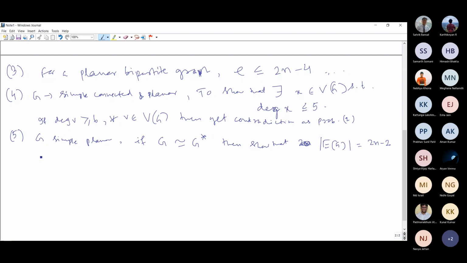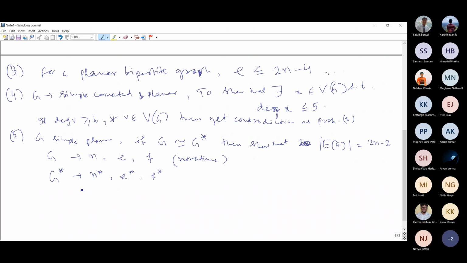For the graph G, suppose the number of vertices we denote by n, edges by e, number of faces by f. And suppose for this G star, the number of vertices is n star, number of edges e star, number of faces f star. These are the notations we consider.